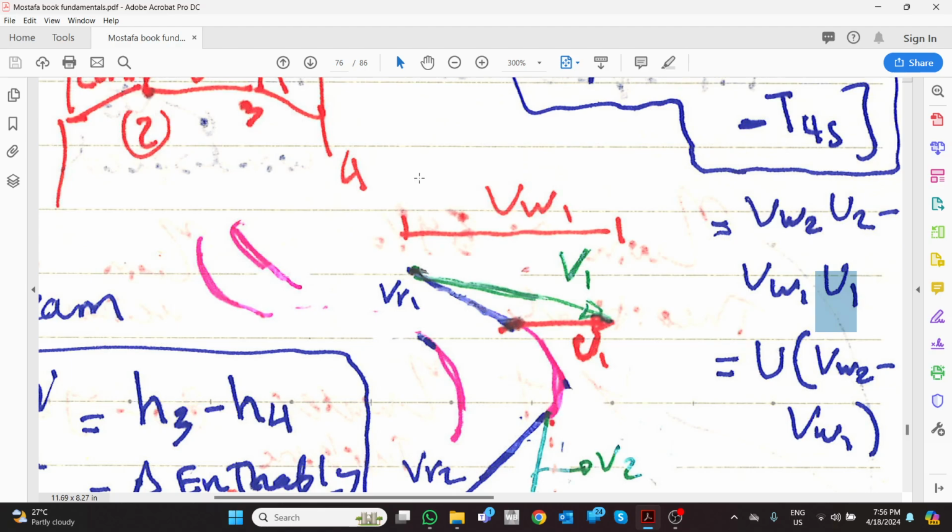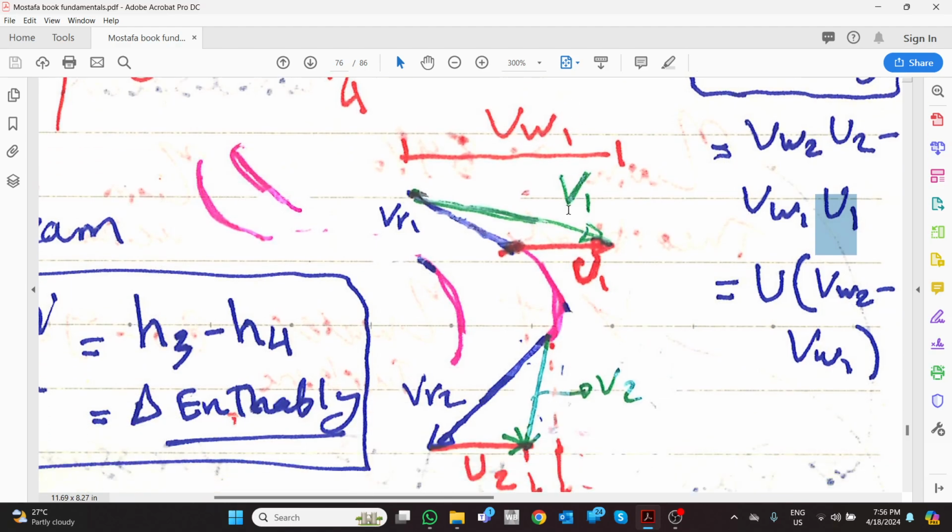And by the way, this is Vw1, it is U plus the angle beta, so beta cosine. If this one is here like this, for example, it is Vr1 cosine beta plus U1, which equals the whirling velocity.